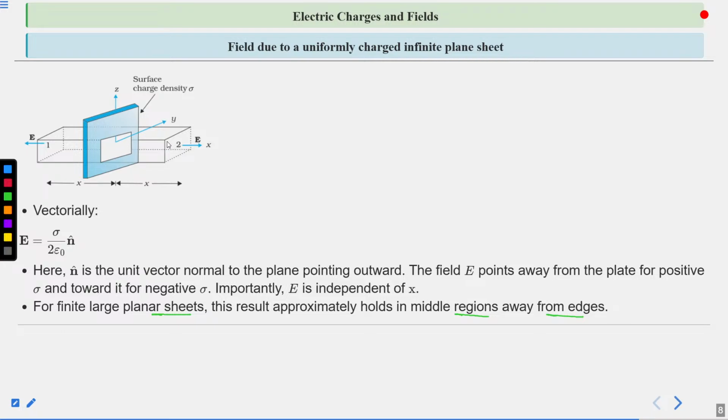And in the upcoming lectures, we will learn the electric field due to a uniformly charged thin shell. There we will learn what the electric field is outside the sphere and inside the sphere if the charge is distributed on the spherical shell. Clear?